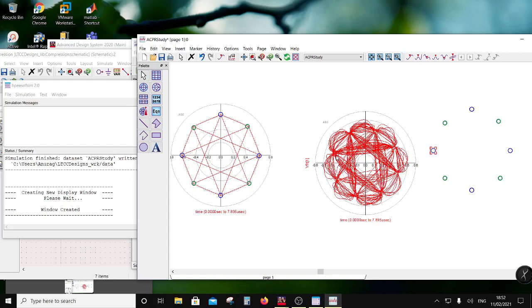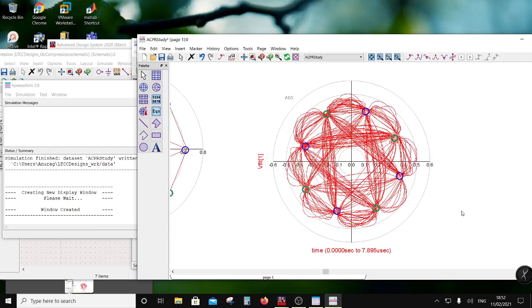Which one should I consider? Let me very quickly do it. 2, 3, and 4, and then you have got 5, and then 6, 7, and 8. So you are looking at again the same 8 states.